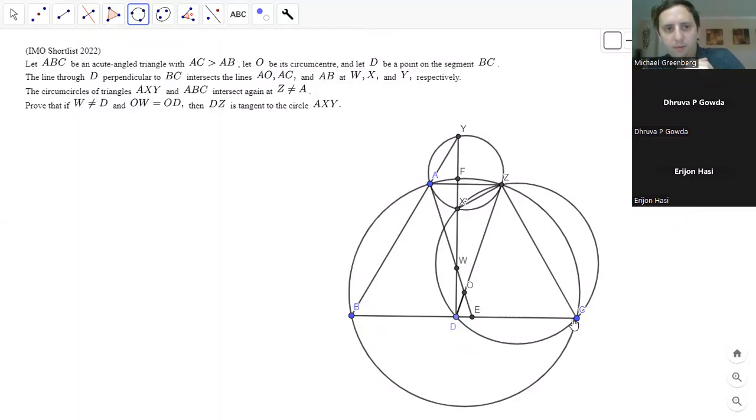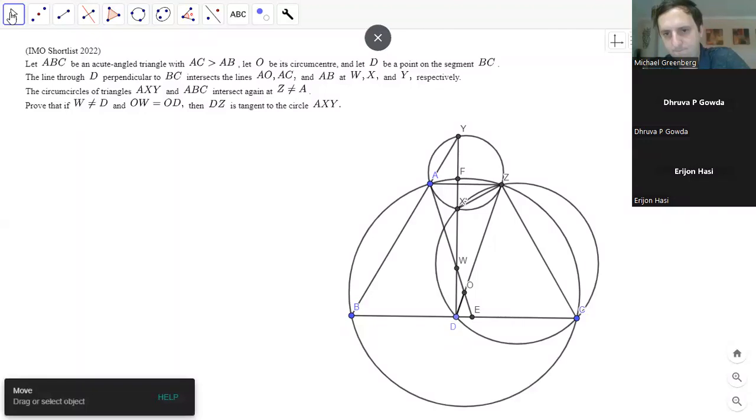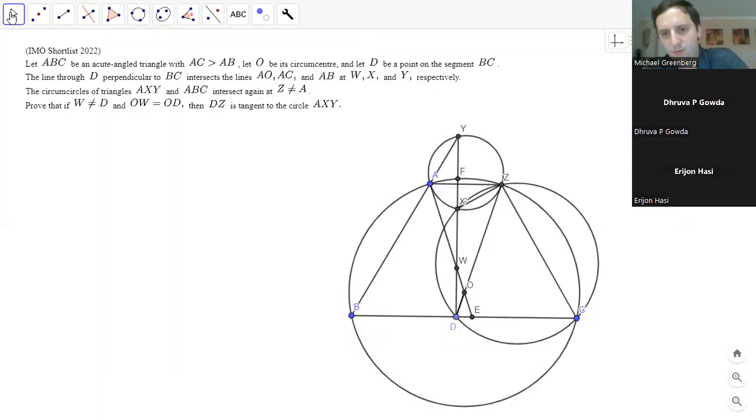So I kind of like this strategy. I guess by Miquel's theorem, well, no, we wouldn't be able to use that. But would we know that OA and OZ are tangent?